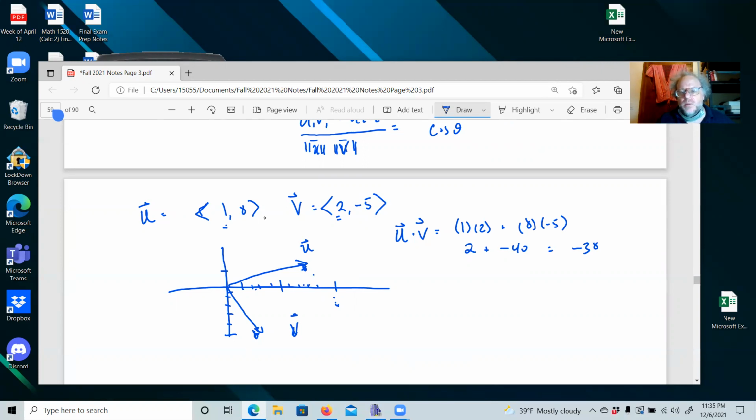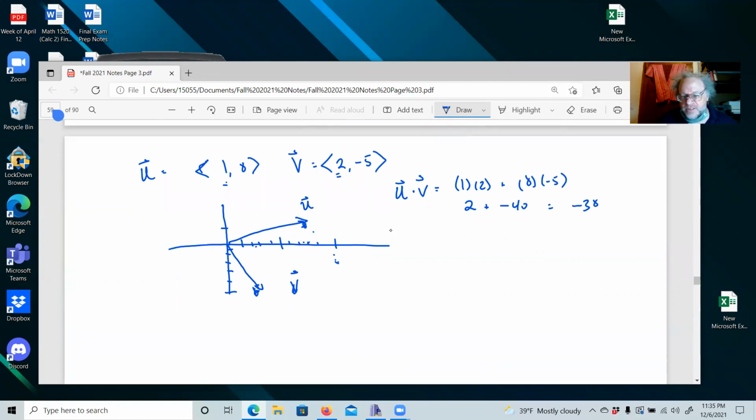We also need to figure out what is the length of u and what is the length of v. So we're just going to do Pythagorean's theorem again on it. That's going to be the square root of 1 squared plus 8 squared for u, and the square root of 2 squared plus -5 squared.